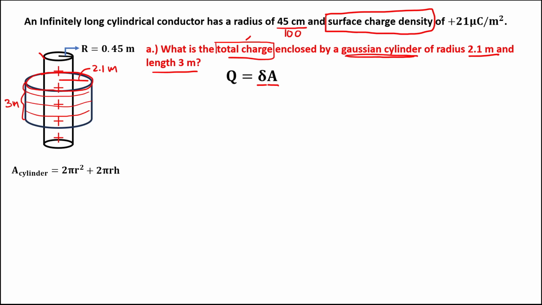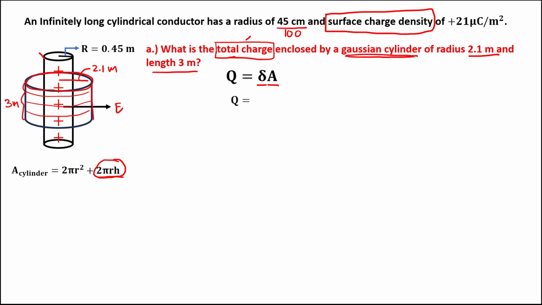So that's 2 pi r times the length or times the height. So this is for the lateral area. Then to find out the total charge, since the electric field is perpendicular to this lateral area, therefore we only need this lateral area to solve for the total charge.